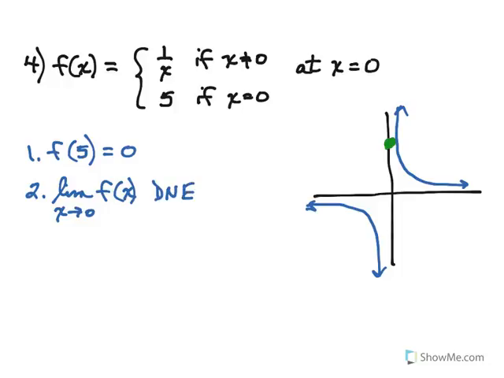The limit as you approach 0 from the left does not exist, but approaches negative infinity. Coming from the right side of 0, the limit does not exist, but approaches positive infinity. So this is where that one falls apart, at the limit step. So f of x, therefore, is not continuous at x equals 0.